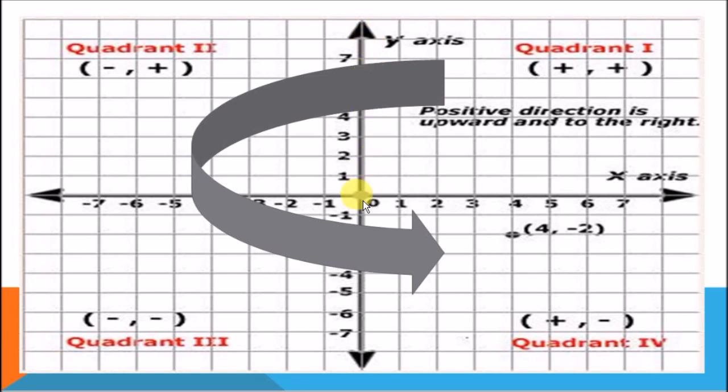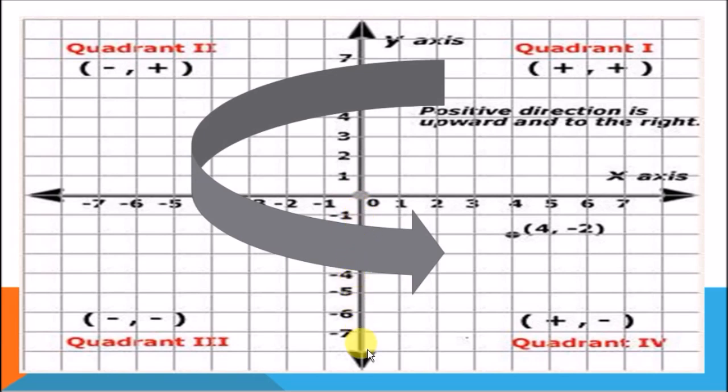The second quadrant will be minus x plus y, as the x-axis is towards the left and y-axis is upwards. The third quadrant will be negative x, negative y, as x-axis is towards the left and the y-axis is downwards. The fourth quadrant will be plus x minus y, as the x-axis is towards the right but the y-axis is downwards.